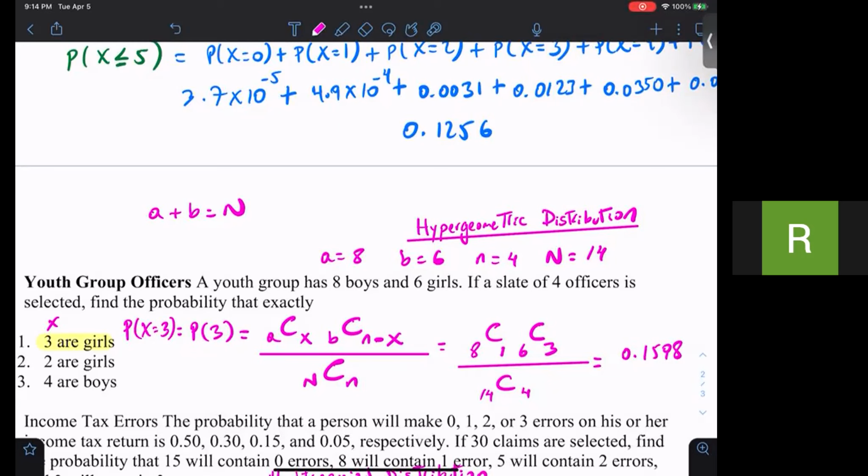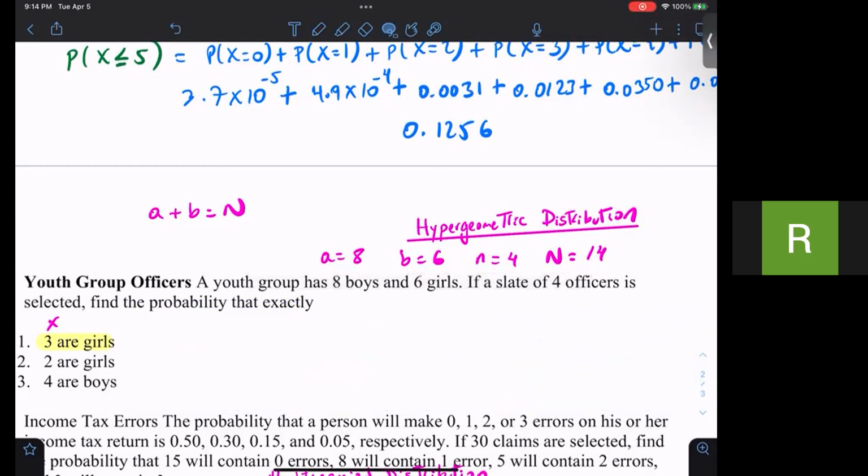So let's do the rest, and you can calculate the probability from your calculator. I think that will be easy for you. So then the next thing I have to do is now this time, 2 girls. So I'm gonna write the probabilities, and since I showed you already how to do it in the calculator, you can do it by yourself. So first, it was probability of X, choose 3.